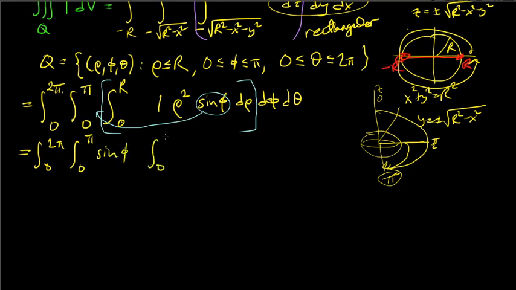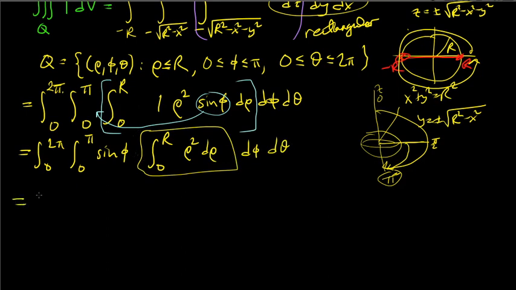But here, we're just integrating rho squared d rho. So that's 1/3 rho cubed. I'll take the 1/3 all the way outside. It's just a number. So rho cubed evaluated between 0 and r is just r cubed minus 0 cubed, or just r cubed.